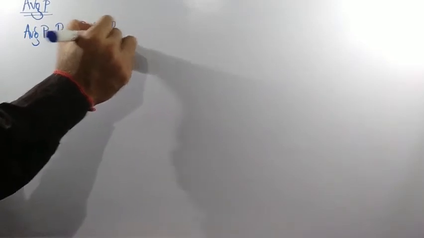Shall I continue over here? So P average is nothing but Px plus Py plus Pz whole divided by 3. Just now we had calculated only Px.